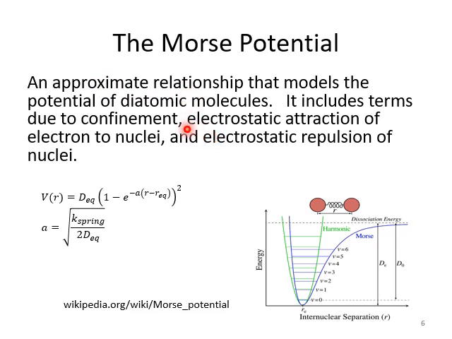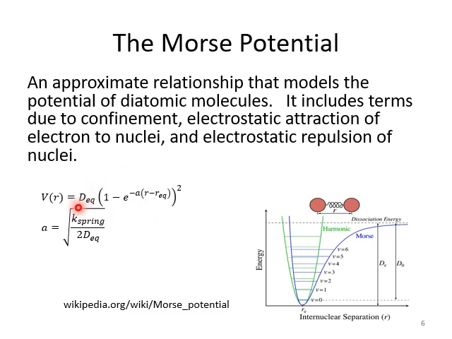It turns out to work pretty well for diatomic molecules, and it is shaped like the blue curve here. The Morse potential looks like that. This is one form of it. There's another form that is fairly frequently used, and so you might see that.